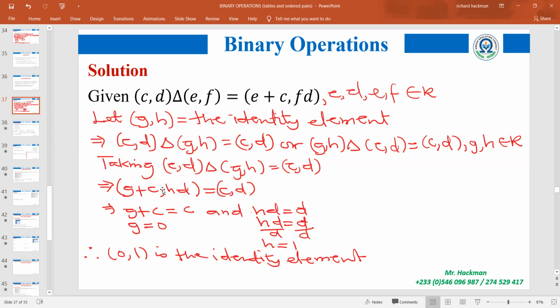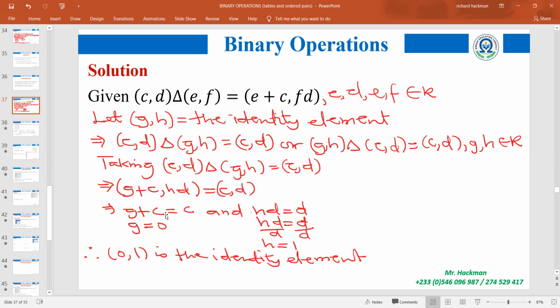So second of the second here is this, times second of the first is this. So that will give us HD, and that must be equal to this. At this point, you have two ordered pairs being equal. And when two ordered pairs are equal, it means their corresponding elements should be equal. So the first element should be equal, and the second element should be equal.